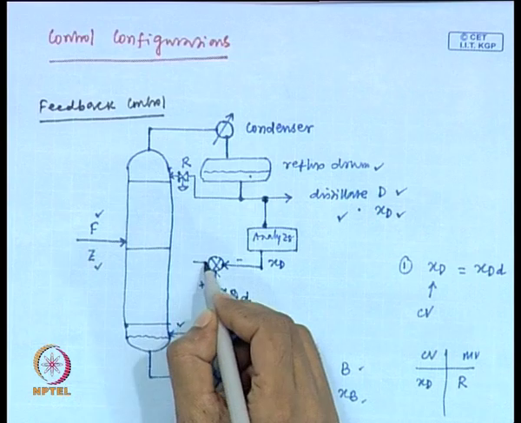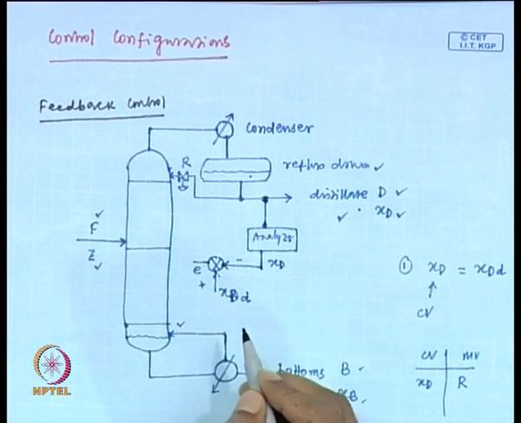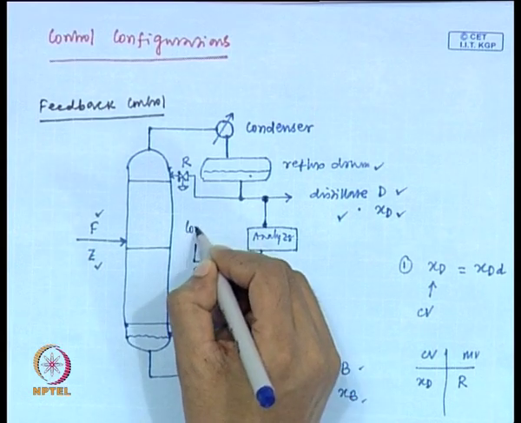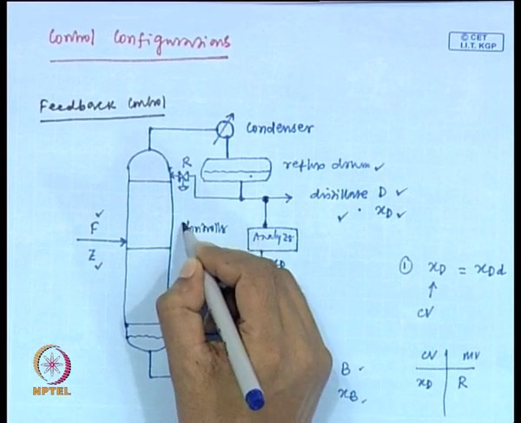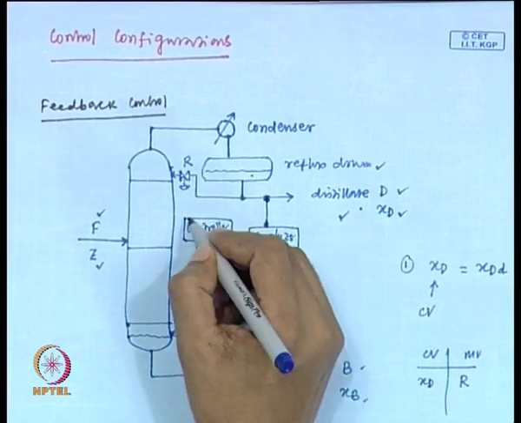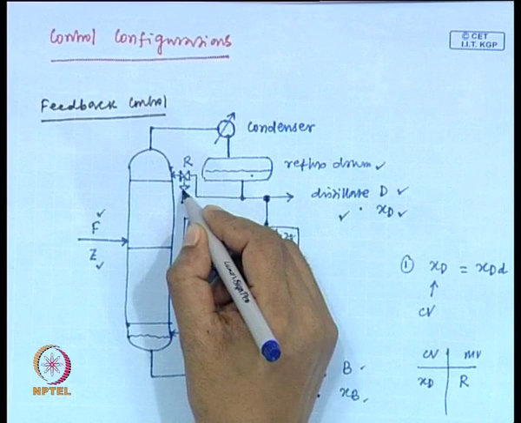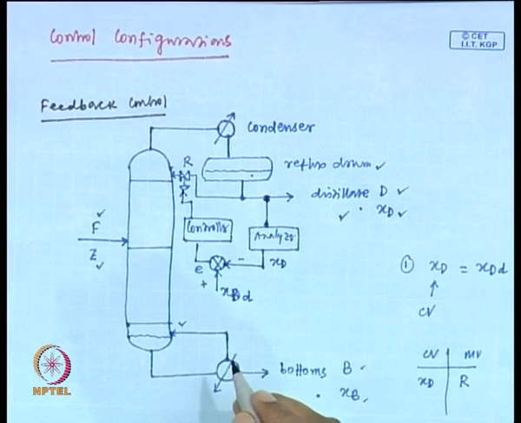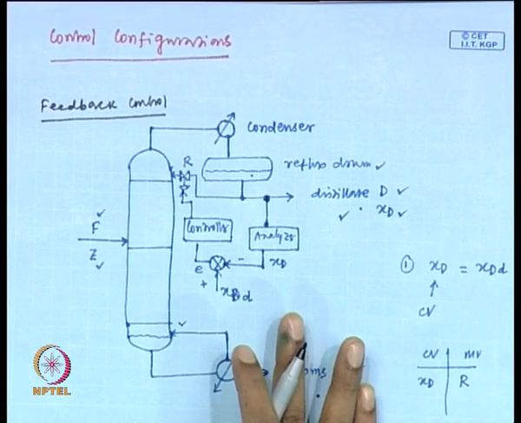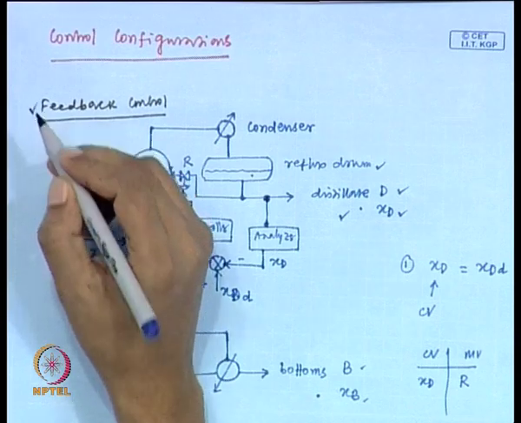Then we get the error signal. This error signal goes to the composition controller, then the control action is implemented through this valve. So, this is the control configuration. So, this is basically the feedback control scheme.